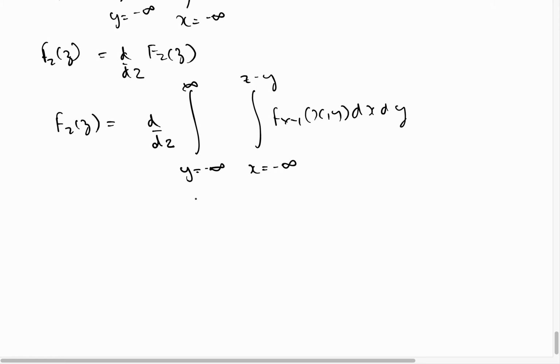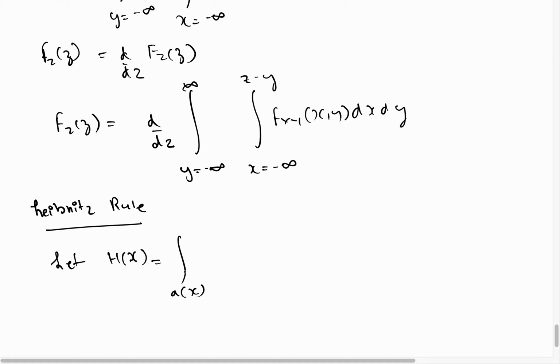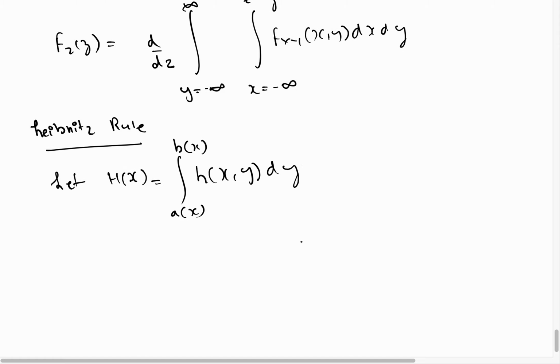So this particular equation we are going to evaluate by using the Leibniz rule. The Leibniz rule is not something very complex, it's very simple. Let h(x) equal the integral with lower limit a(x) and upper limit b(x) of h(x, y) dy, if this is given.